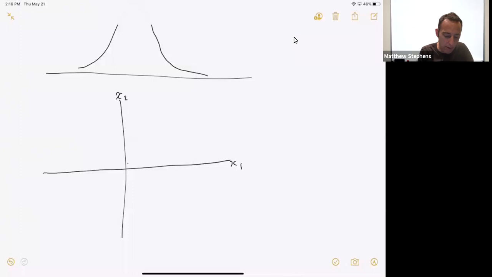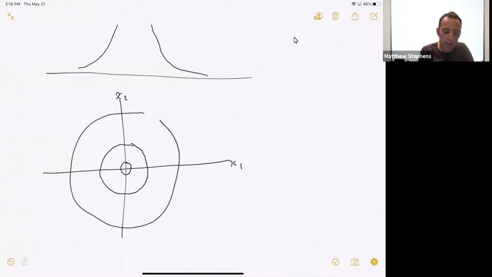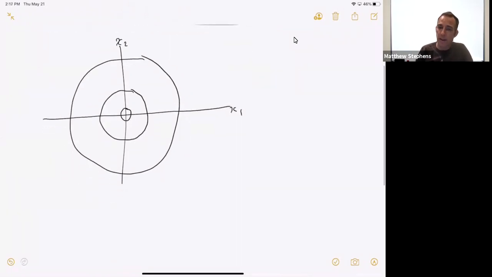So if x1 and x2 are independent, you get circular contours, which is a special case. If x1 and x2 are independent univariate normals, then these contours decay in the same way as a univariate normal does. They're most peaked at 0 and then decay like a bell curve away from 0 in all directions.